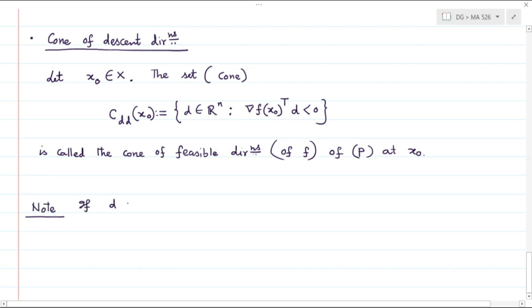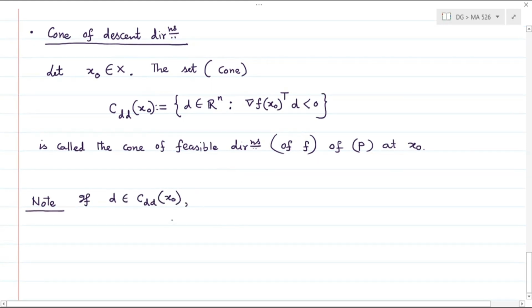If D is a descent direction at the point x0, then consider expanding f of x0 plus tau d, where tau is greater than 0, with a first order Taylor expansion. I get f of x0 plus tau times gradient f of x0 transpose d plus small o of tau.